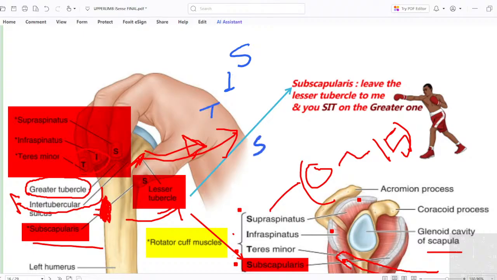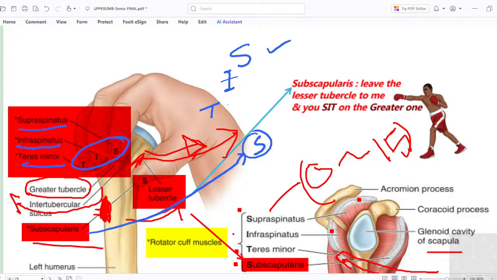S for supraspinatus, then I for infraspinatus, and T for teres minor. 1, 2, 3. These muscles are attached to the greater tubercle. And on the lesser tubercle, there is another small S, that is subscapularis.